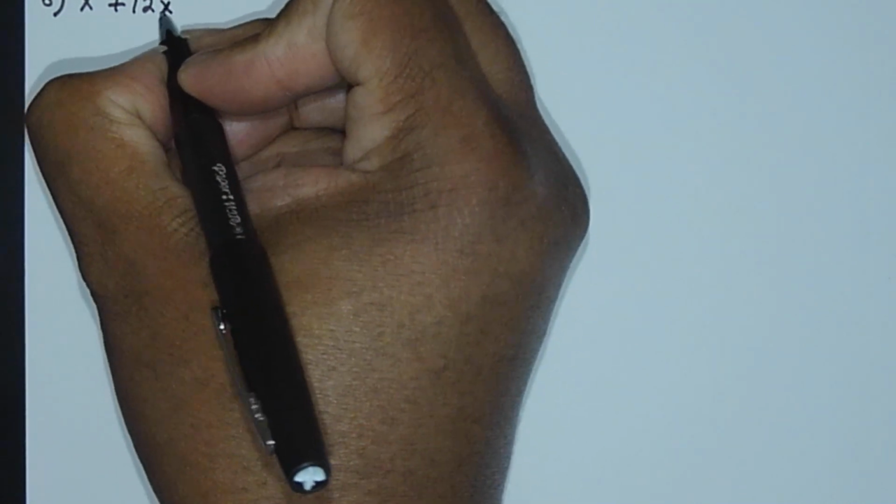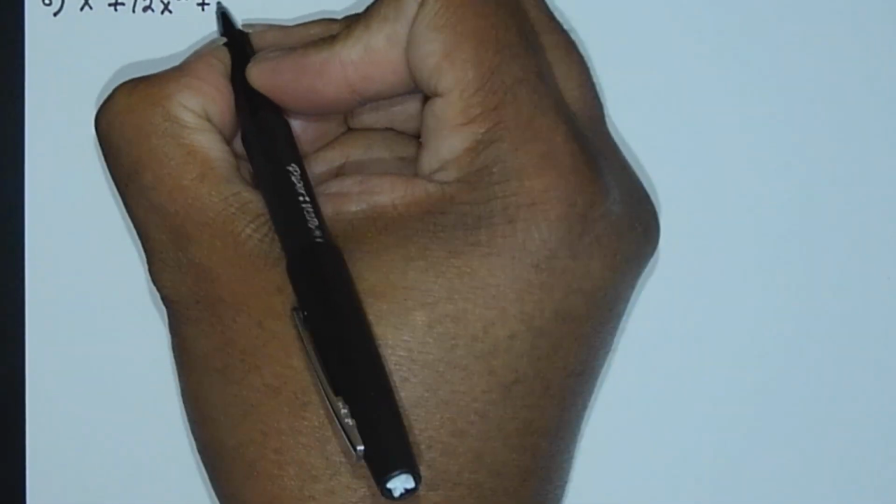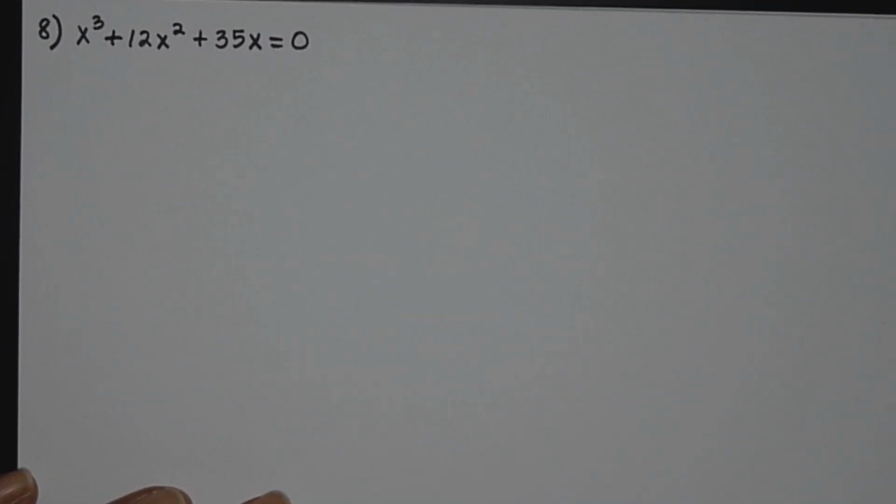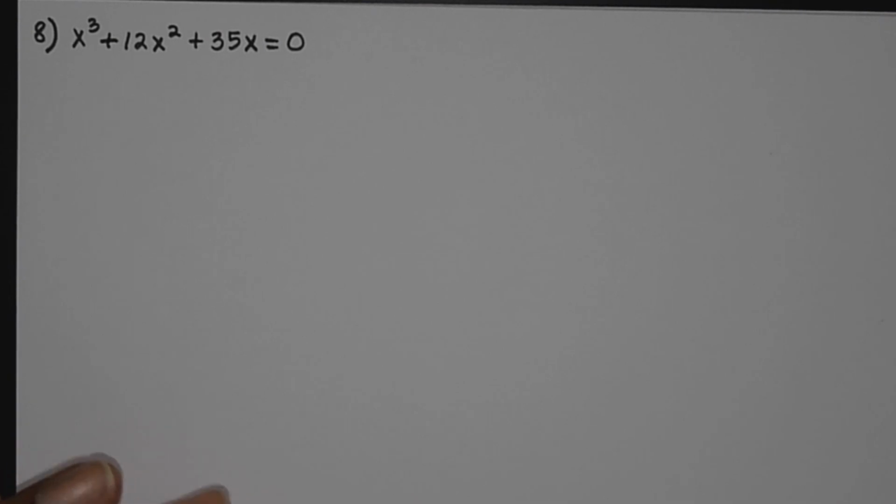Here we got x to the third plus 12x squared plus 35x equal 0. And I'm solving this polynomial equation.